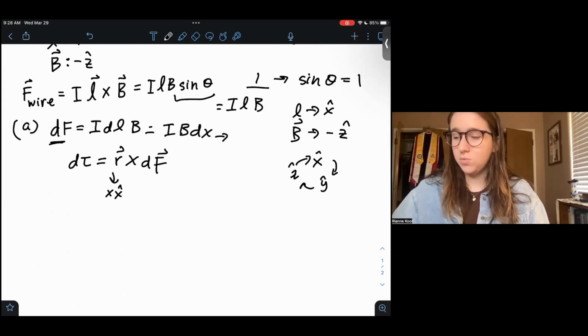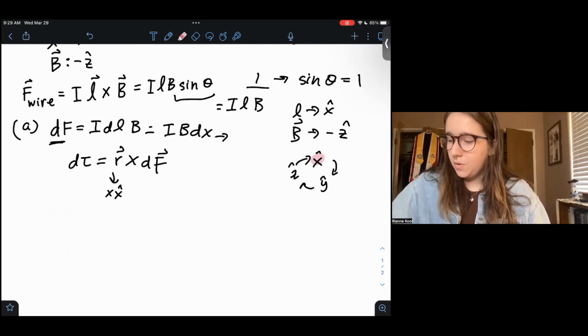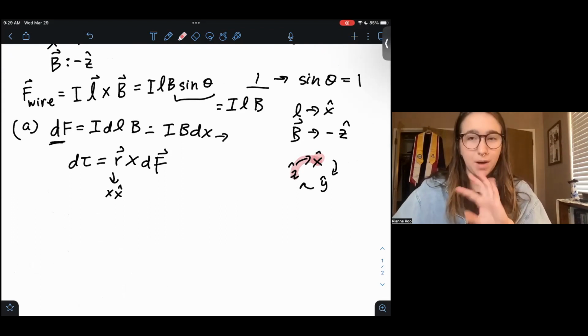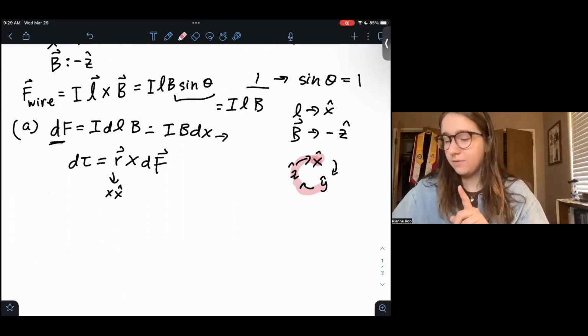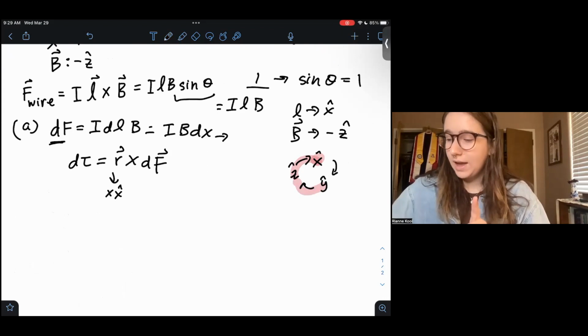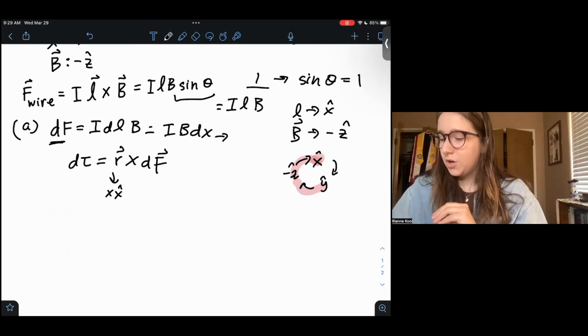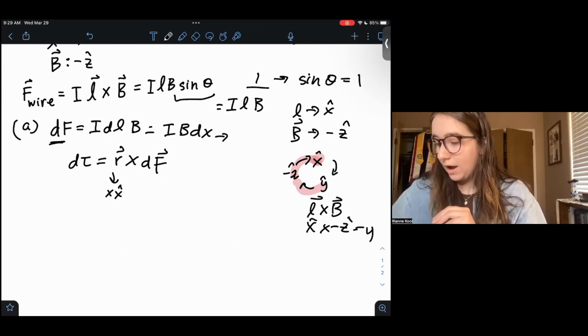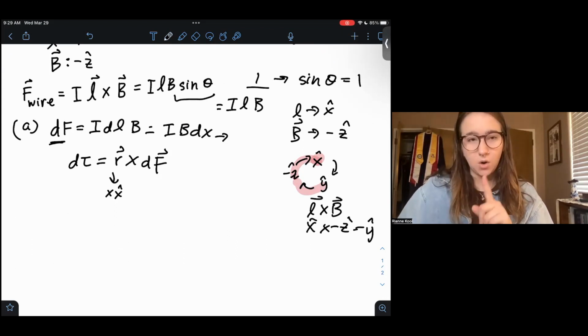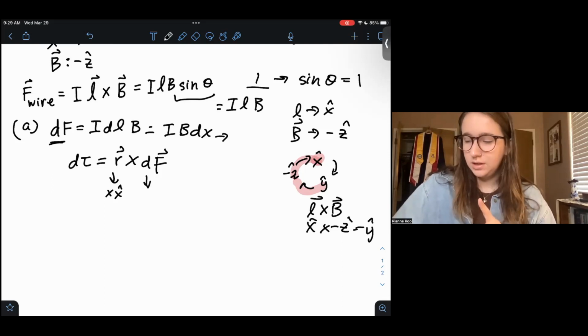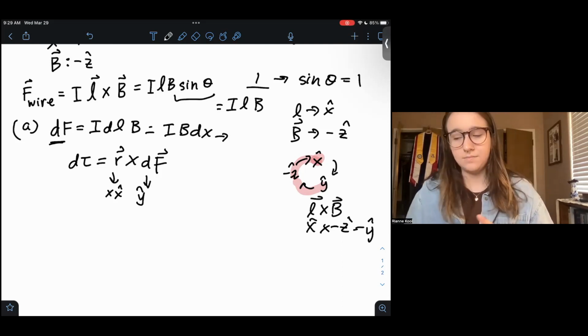So if I want to find what x cross negative z is, I'm going to start at x and go backwards to z. If it was a positive z, that would give us a negative y. But we have a negative z, so a negative and a negative equals a positive. So L cross B, or in this case, x hat cross negative z hat, is equal to y hat. So our dF is in y hat.